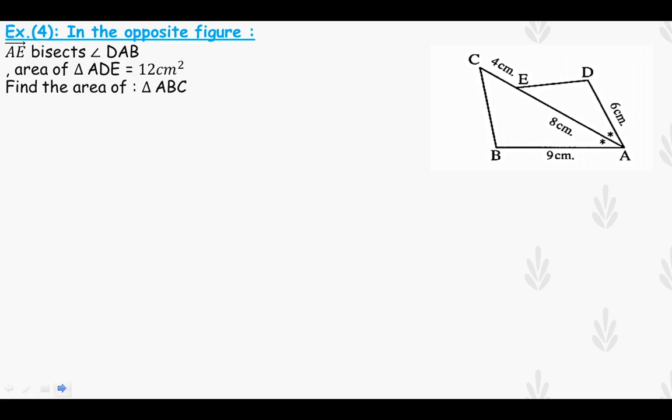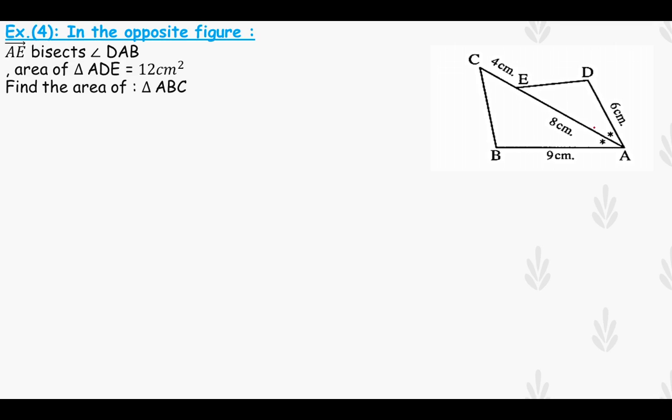Here we want to find the area of triangle ABC, and the area of triangle ADE is given to us, and it equals 12 centimeters squared. Let's solve it together first.